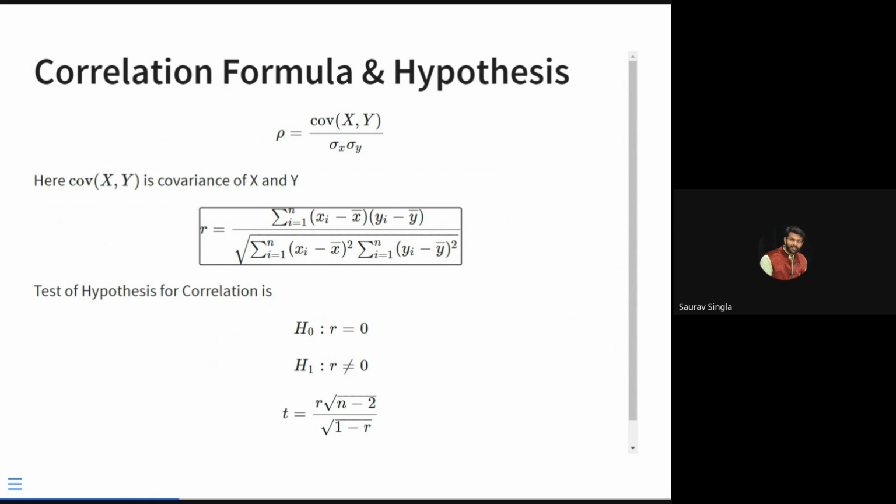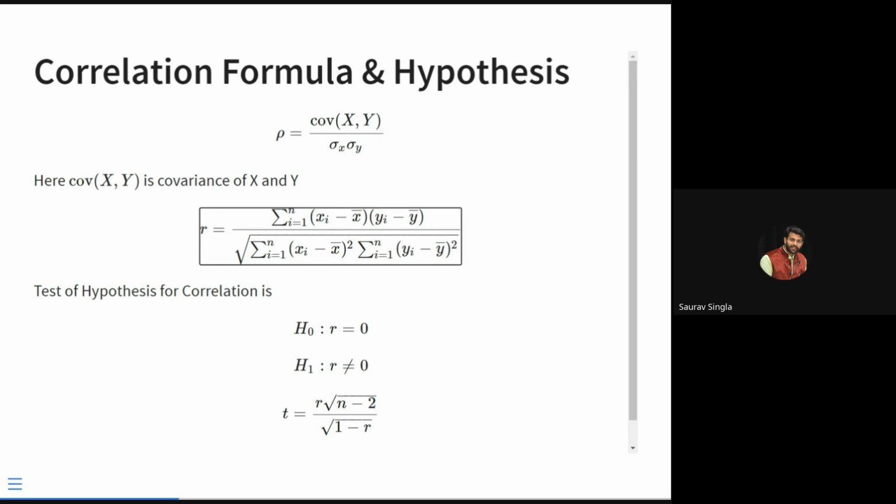So what you are doing, you are taking the mean of all x values, x bar, and the mean of all the y values, y bar. Then you are subtracting xi minus x bar, which means you are calculating the difference between the value and its mean.